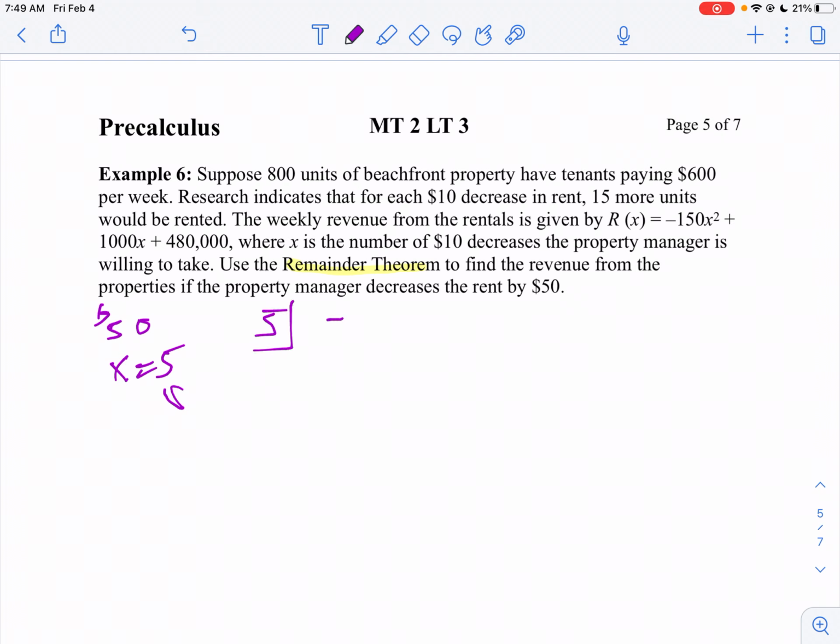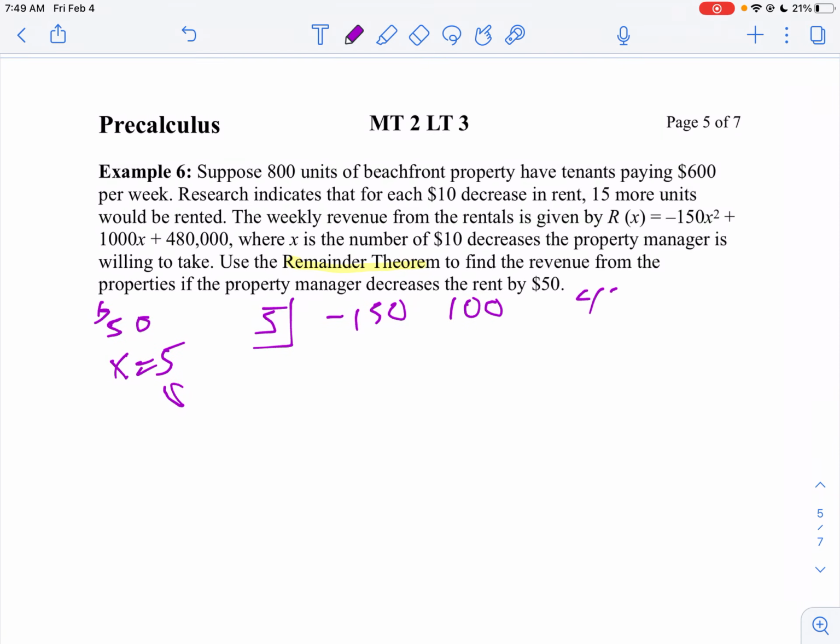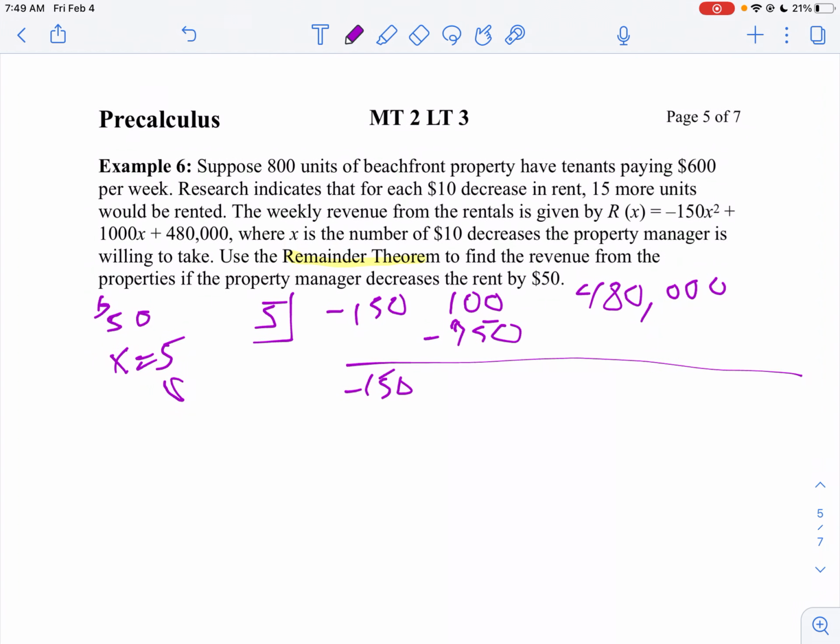I'm going to go negative 150x squared, 1,000x, and then plus 480,000. So now I'll do my synthetic. I bring down the negative 150. 5 times negative 150 is negative 750. 1,000, my 0 disappeared. 1,000 minus 750 is 250.